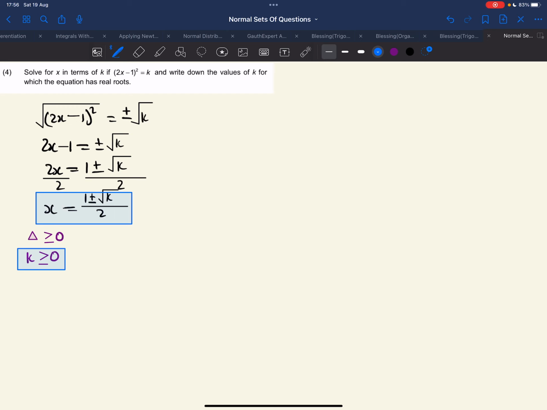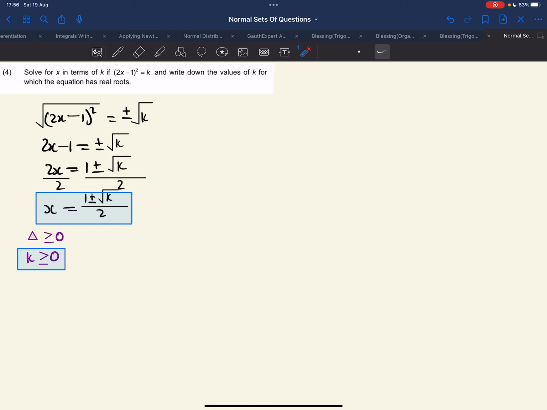Okay, now please don't forget, when they start speaking about roots, it means the nature of the roots, meaning the answer inside that square root. In our case, can you see it was k? That triangle there, the discriminant, stands for what is inside there.